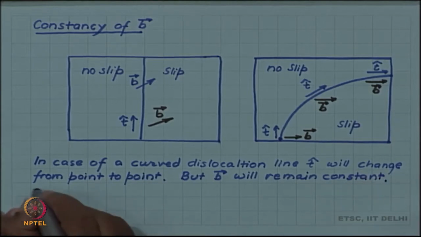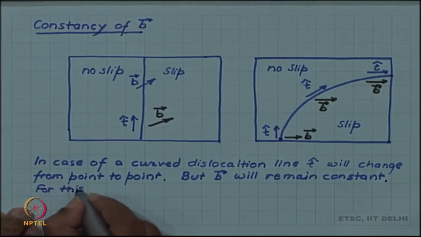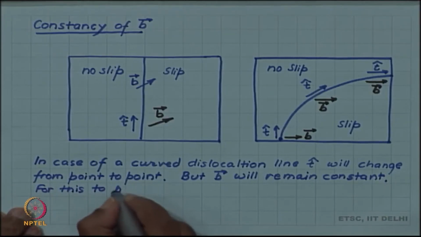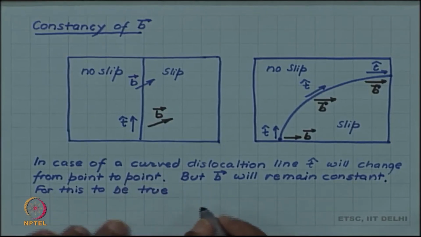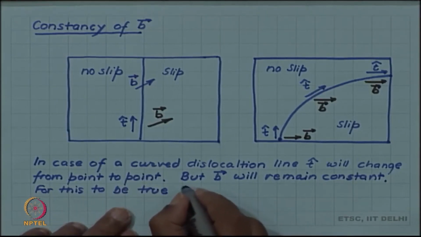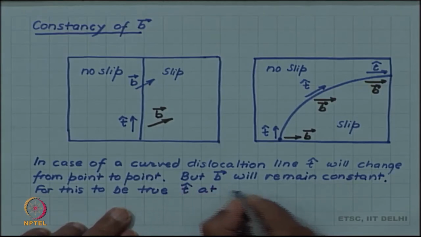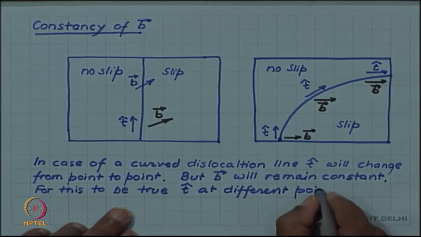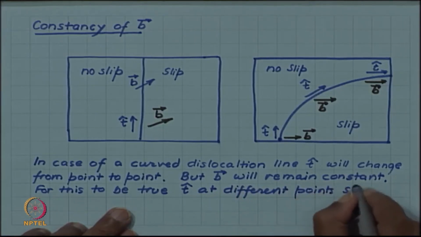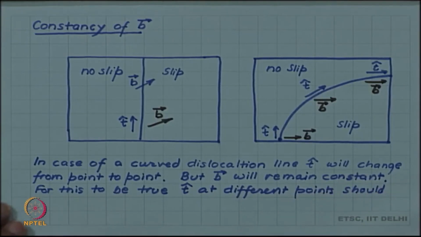But for this to be true, t at different points should relate to each other like a flowing current.